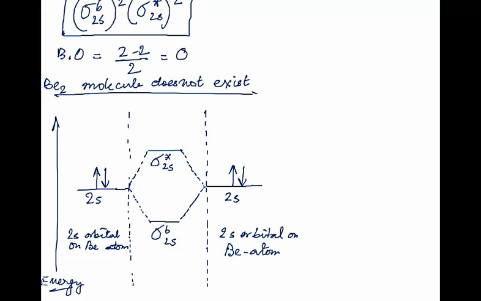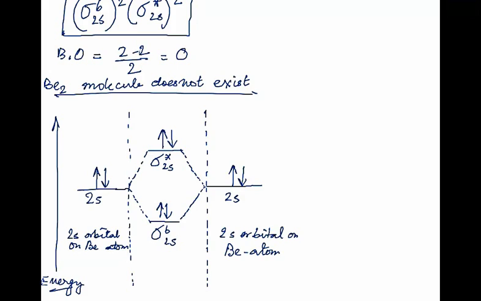This distribution takes place according to the Aufbau principle, Hund's rule for maximum multiplicity, and Pauli's exclusion principle. So the 4 electrons are distributed as such: 1, 2, then 3 and 4.